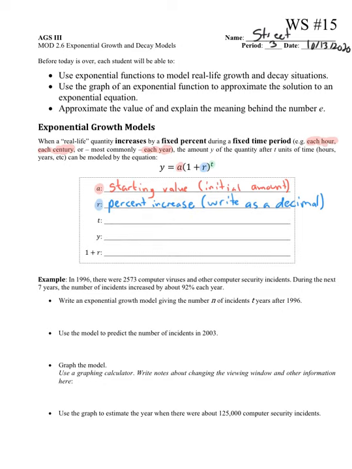T, that's time. And we have to specify what time is, because you could be talking about seconds, minutes, hours, days, weeks. But years is usually the most common thing we use when we're talking about time. We've got the y value, and y is going to be the final amount.